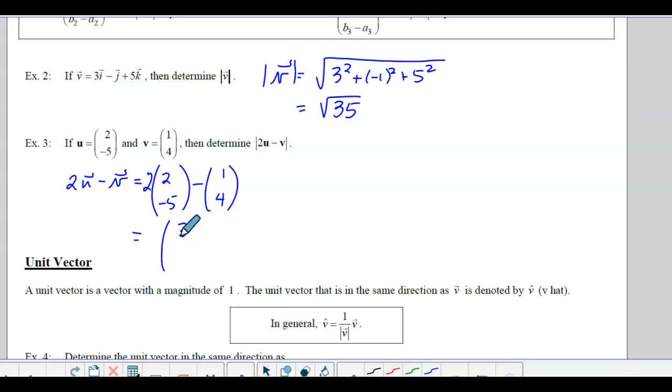Negative 10 minus 4 is negative 14. So now I'm finding the magnitude of (3, negative 14). You can even show it with big absolute value symbols around a column vector.